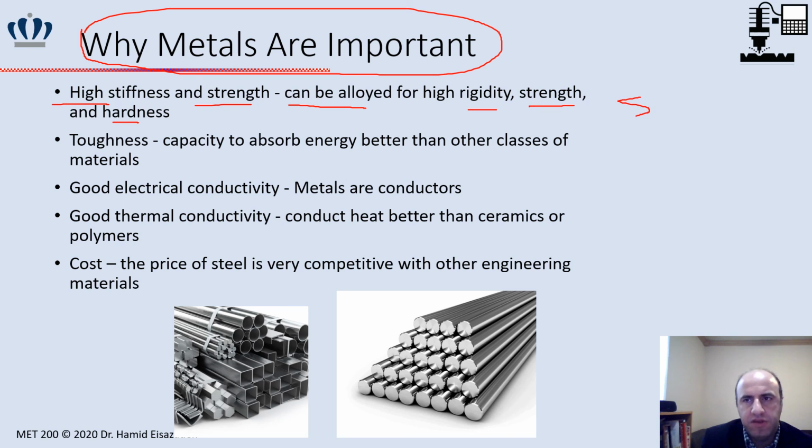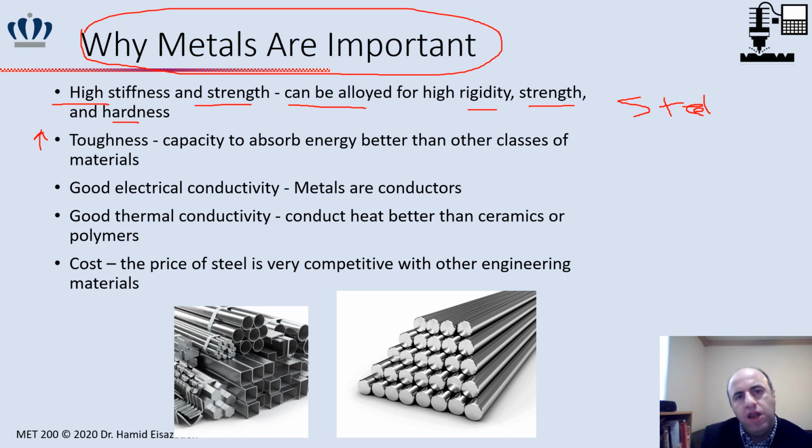One example is steel. Steel is an alloy of iron and carbon. Their toughness is very high. So toughness means capacity to absorb energy. If you have a higher toughness, the capacity is going to be higher, so you will absorb more energy with that material, which is a metal in our case.